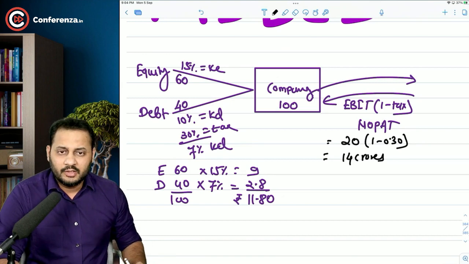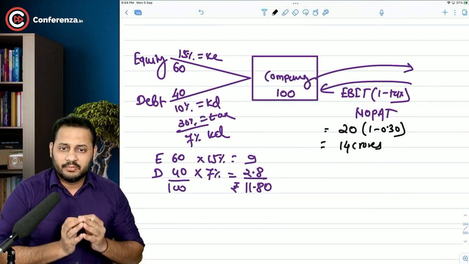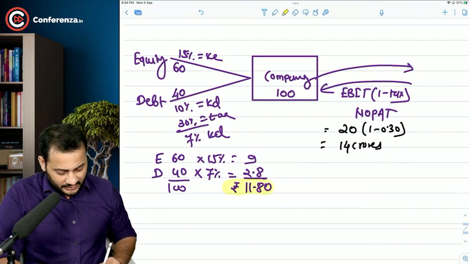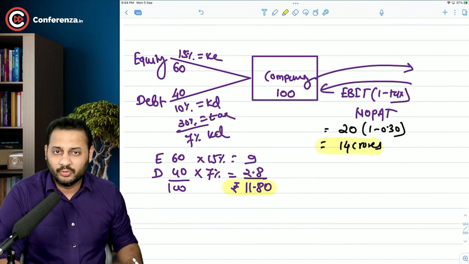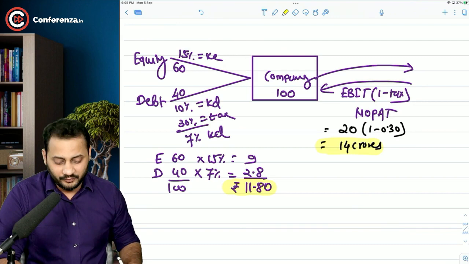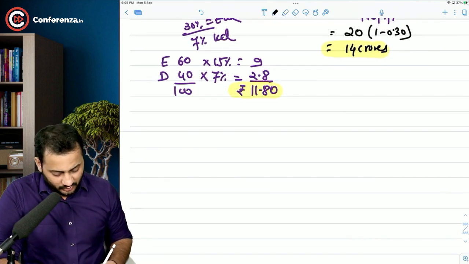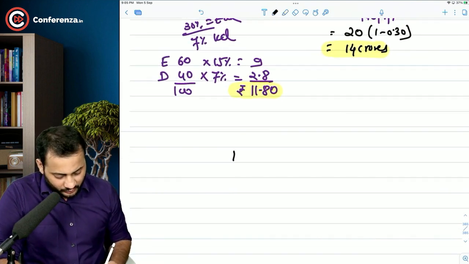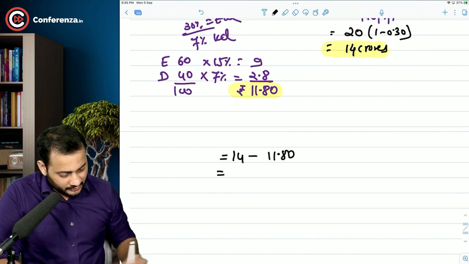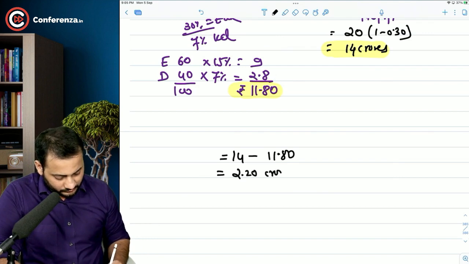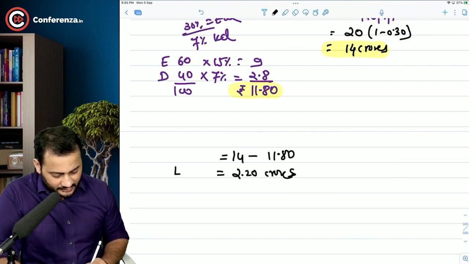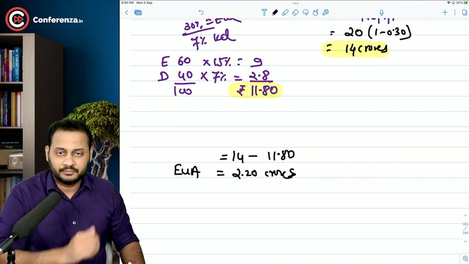So what was the minimum expectation of the stakeholders? 11.80 crore. What exactly have they earned for both these people? 14 crore. So what is the difference called? 14 crore minus 11.8 crore comes to 2.2 crore. This is called economic value added.